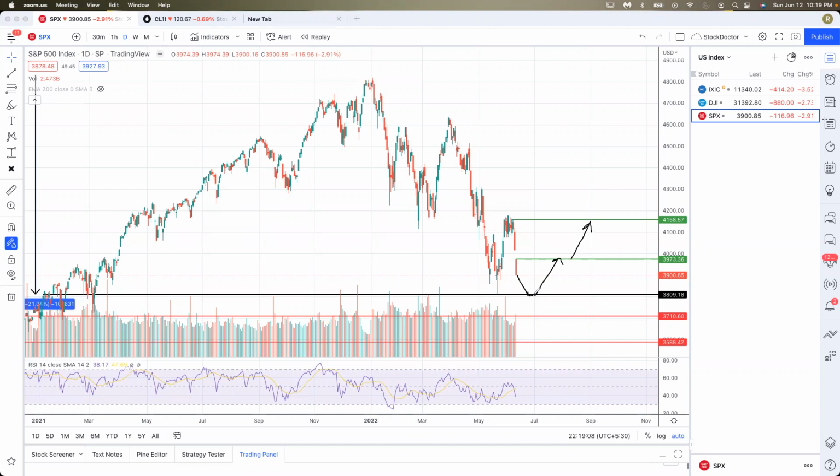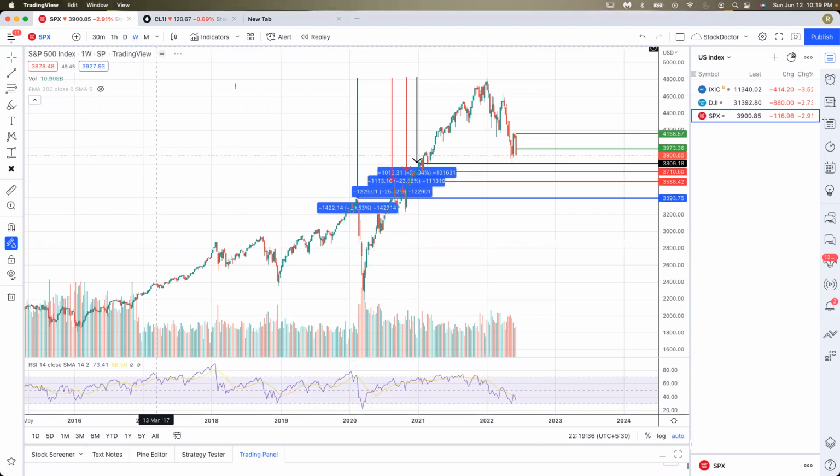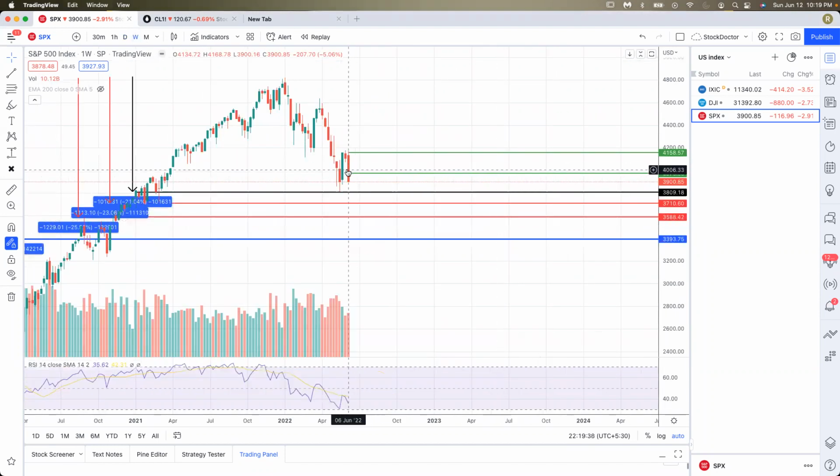If it breaks 3,800, then 3,710 will be the first downside target, and the second will be 3,588. The first downside target is highly possible, I think, looking at this price action. But as I said, the market is supreme, so we will see. If we see the weekly chart, I think this will also represent the same kind of thing. See, it's a bearish Marubozu candle.